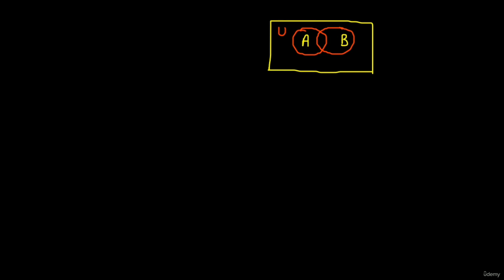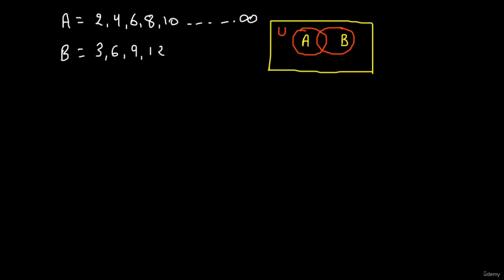So the set A is again, for the very same example, 2, 4, 6, 8, 10, or the even numbers, or you can also say it is the table of 2, and B is the table of 3, 6, 9, 12 and so on up to infinity. Universe U is natural numbers, which means 1, 2, 3, 4 up to infinity.